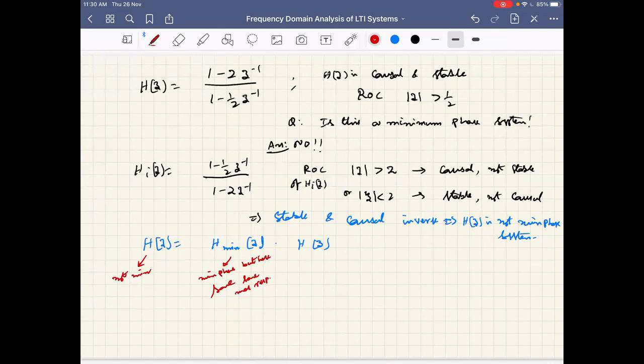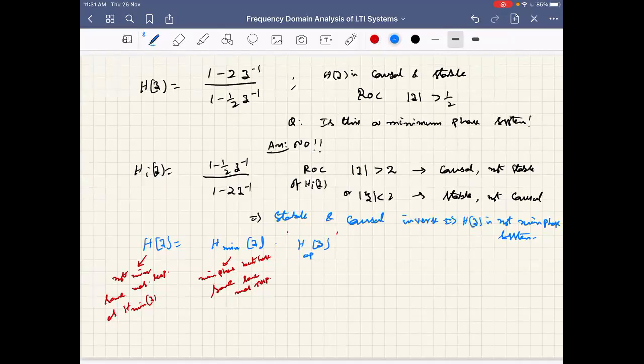So if I preserve the magnitude response here, this also should have the same magnitude response as H minimum of z. Then what should be the magnitude response of this H of z? It has to be 1 for all omega. Thus it has to be an all pass system.